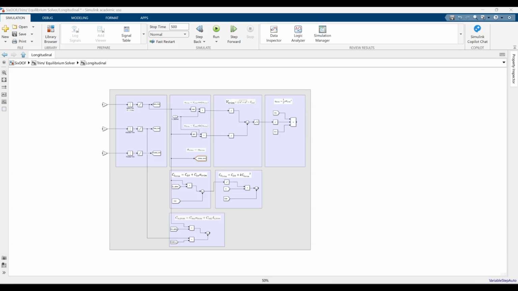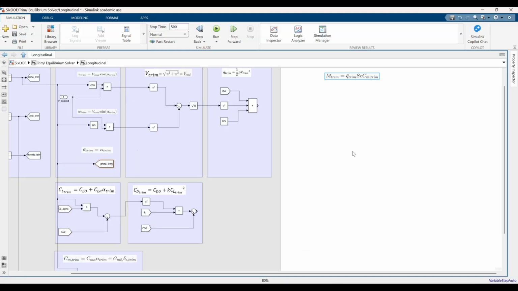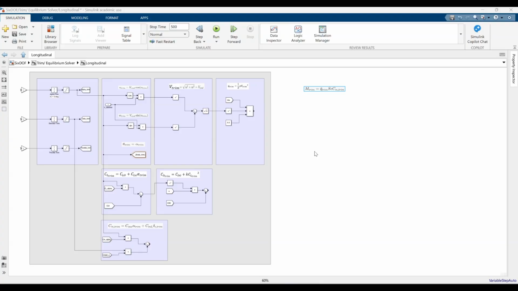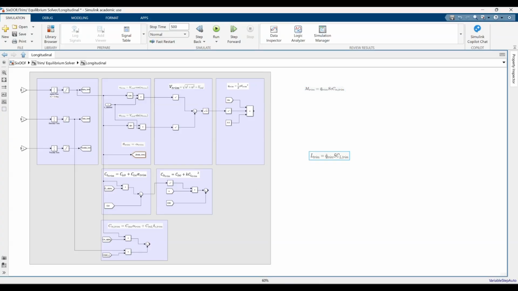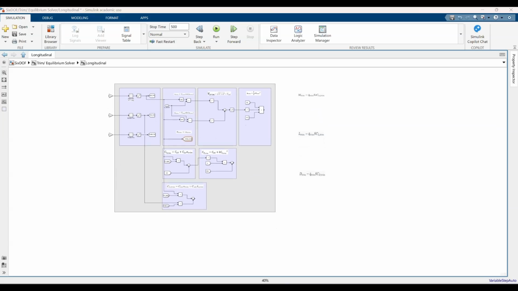So I will get my moment. Let me put the formula so you know what I am getting next. So I will get my moment, pitch moment specifically, and I will get my lift force and drag force. So let's get those three first. Well, how about I just put all of them? Maybe that will be better.